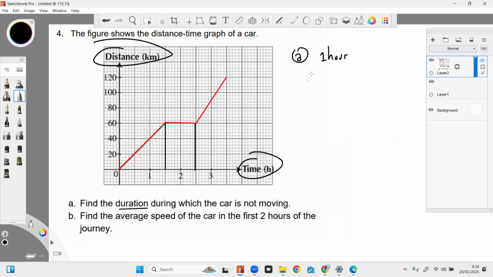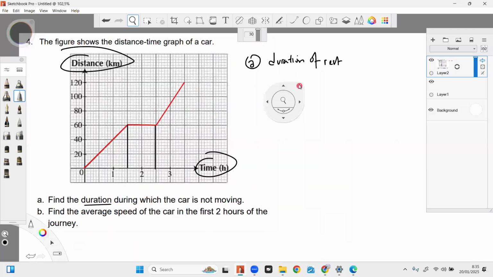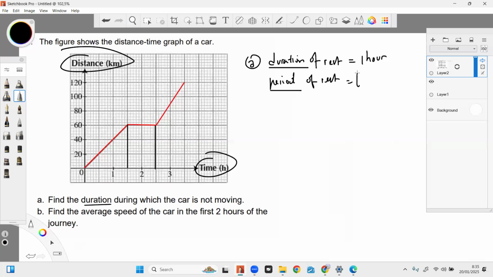The question is, find the period. If this is the duration, it is very simple: the duration of rest is 1 hour. But the more complicated question is, what is the period of rest between 1.5 to 2.5?